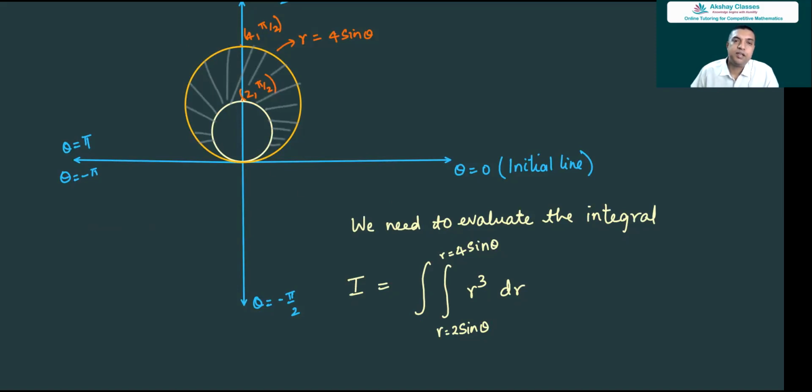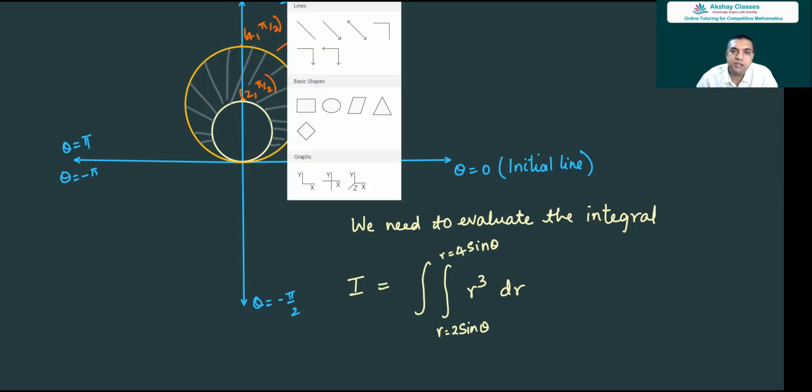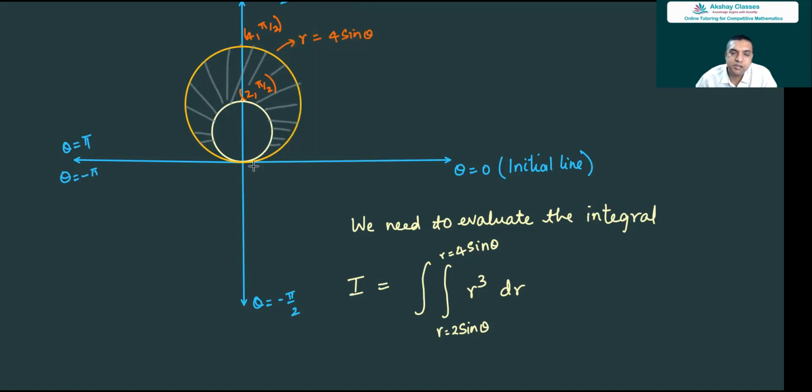So how do you integrate? Keep theta as constant. So look at this line. So yeah, theta is constant. And then this shaded region, this is r is equal to 2 sine theta to 4 sine theta.